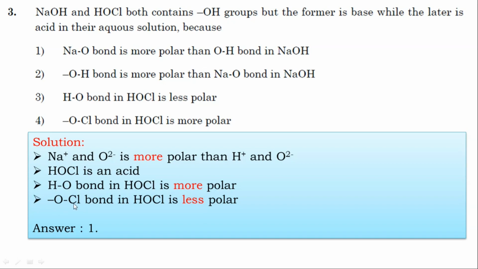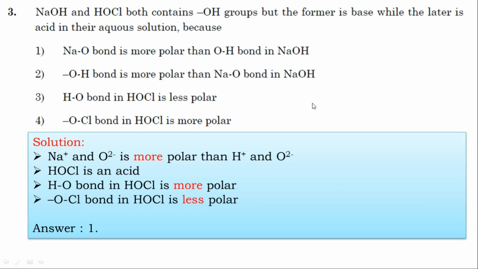The O-Cl bond in HOCl is less polar because oxygen is electronegative and chlorine is also electronegative. Both are electronegative, so the bond is less polar. So option 1 is correct. Options 3 and 4 are just opposite to the concept. So just remember that.